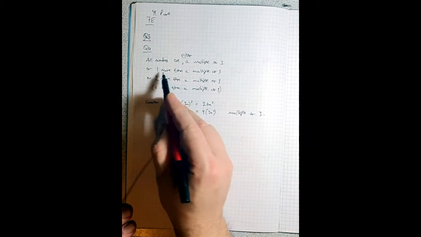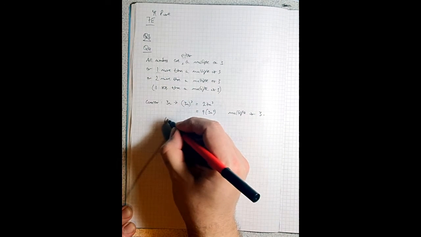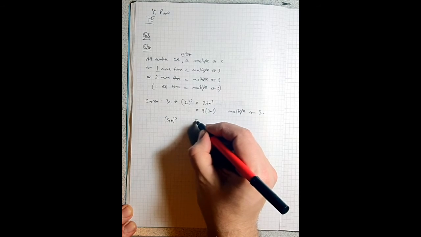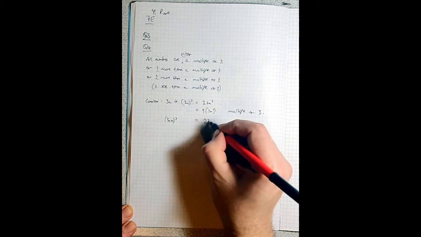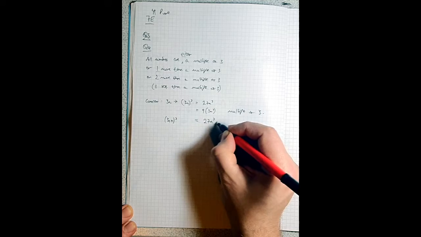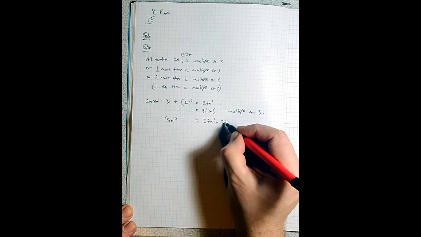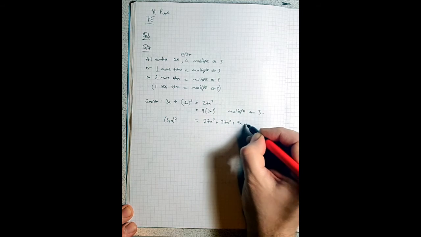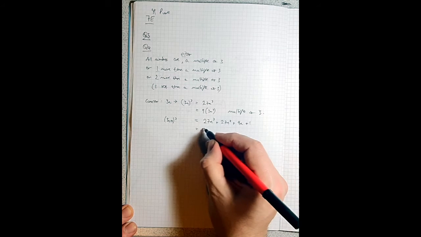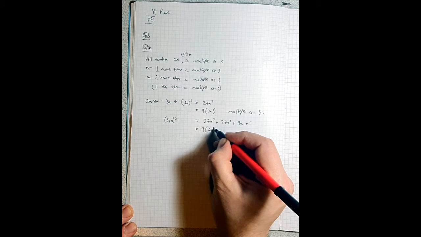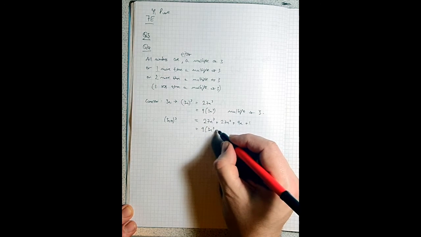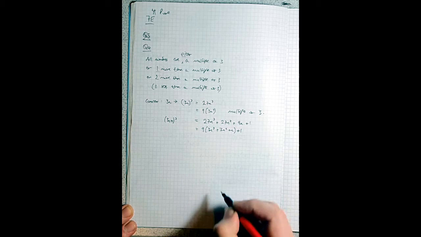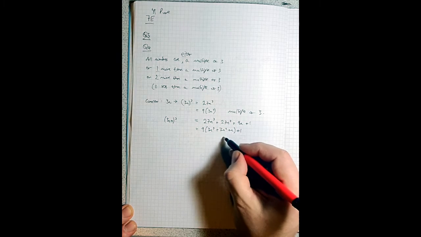If I consider one more than a multiple of 3, 3n add 1 cubed is 27n cubed plus 27n squared plus 9n plus 1. Well, that's 9 times 3n cubed plus 3n squared plus n, plus 1. 1 more than a multiple of 9.